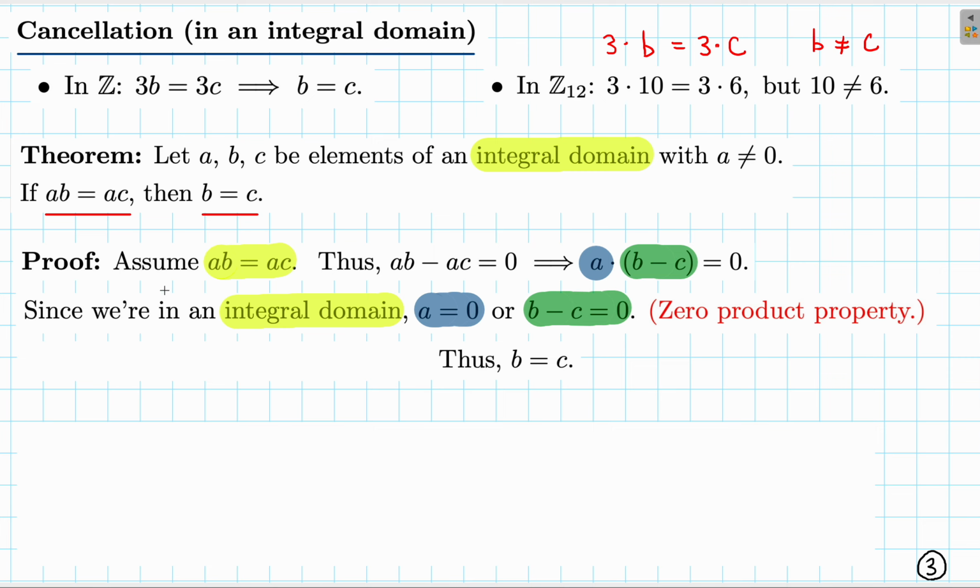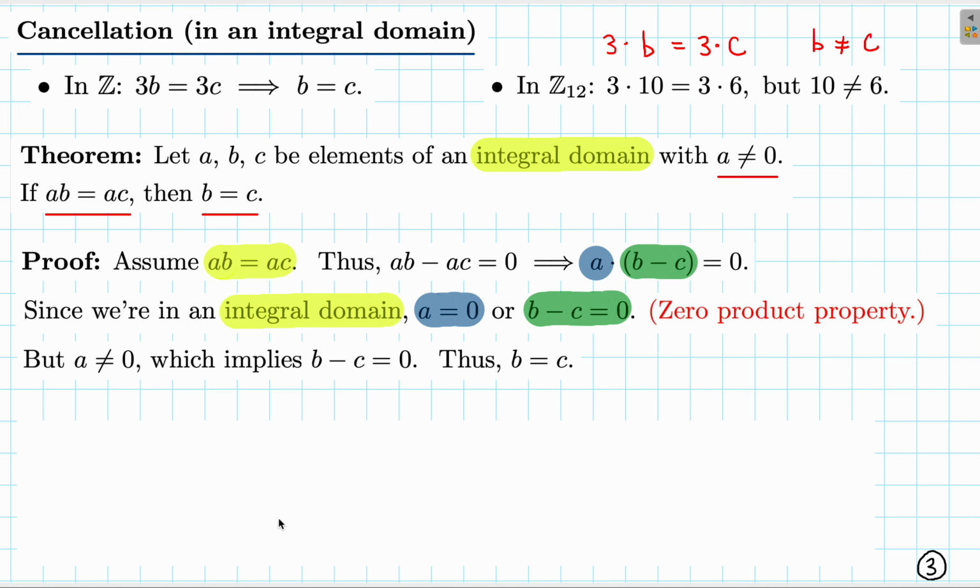But one of our given conditions is that a does not equal 0. So we must have b minus c equal to 0, and adding c to both sides, we get b equal to c as desired. And that's the end of our proof.